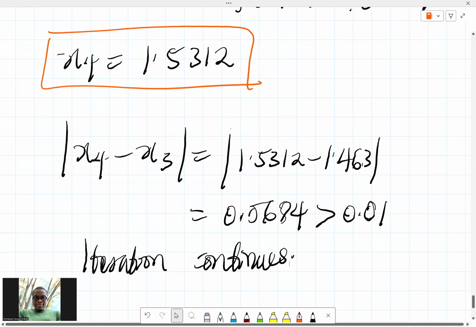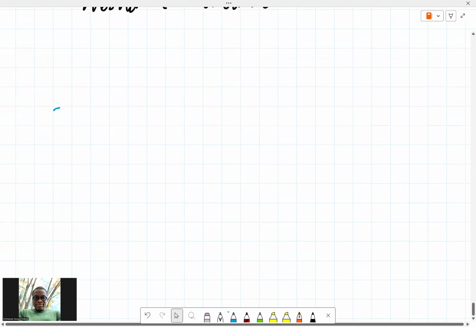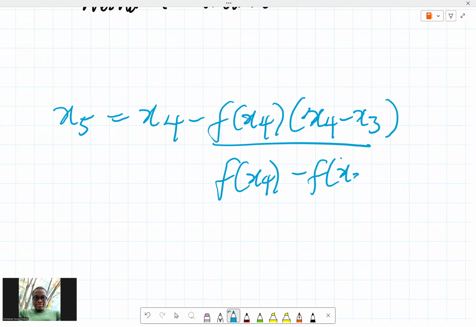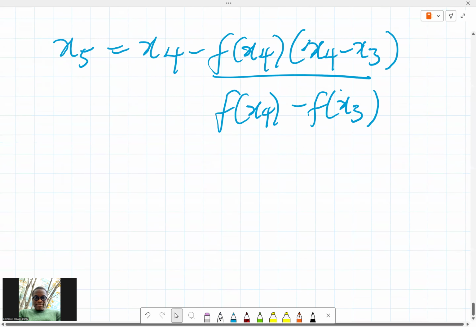So we can go for x5, which is x4 minus f of x4 into x4 minus x3, all over f of x4 minus f of x3. Again, we do all the routine.